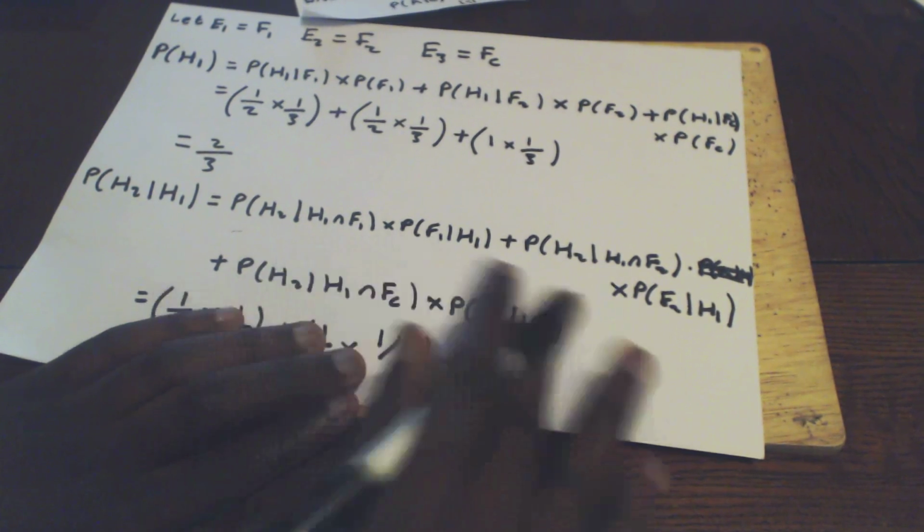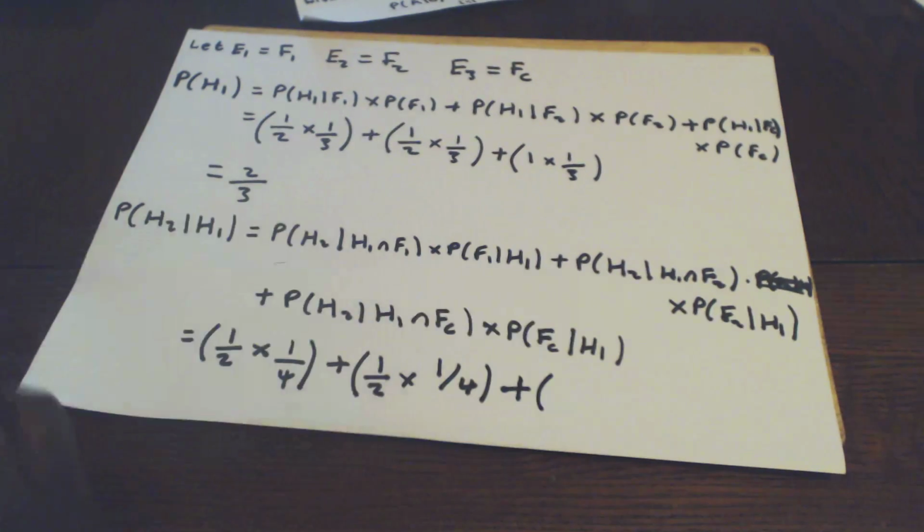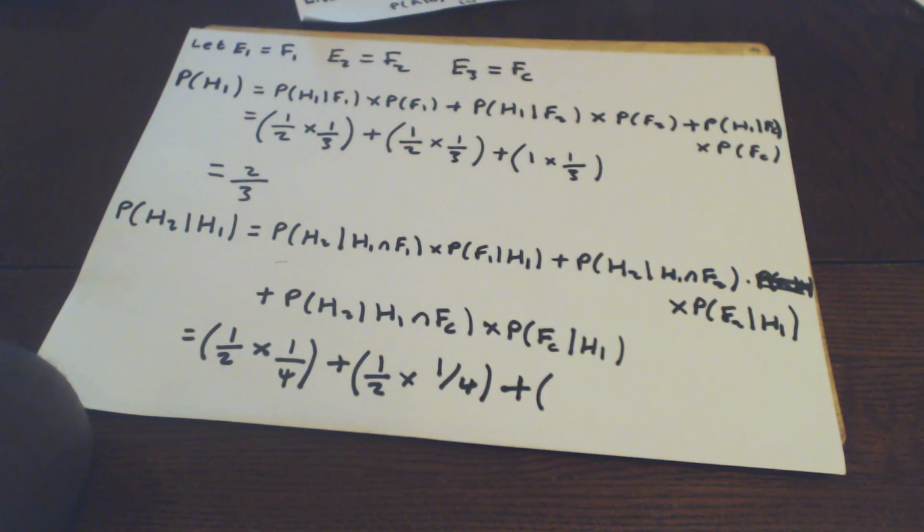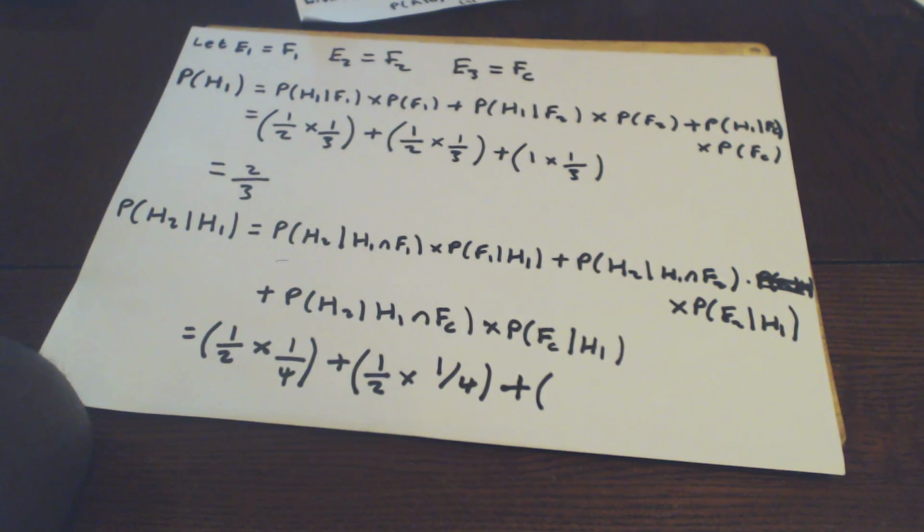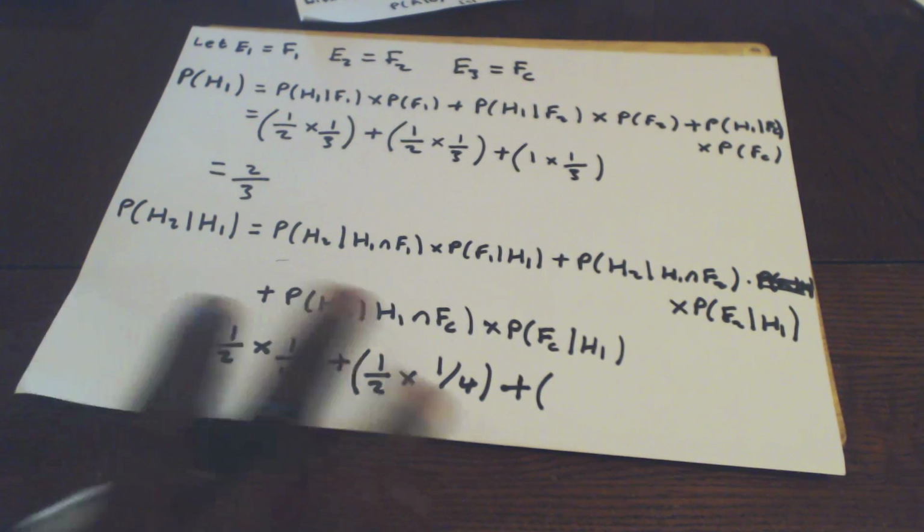And now we've got the last one. So that's the probability of getting a heads, given that the first one was a heads and it was the unfair coin, right? FC. So you're tossing the unfair coin now. So what's that going to be? Well, the unfair coin you were certain to get heads no matter what.